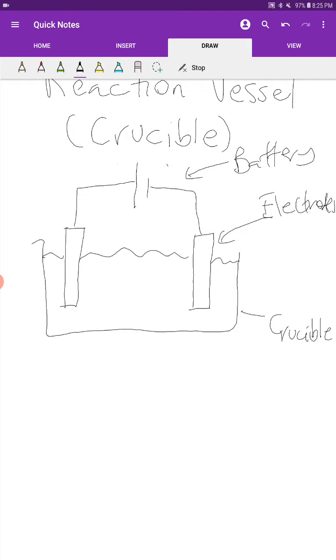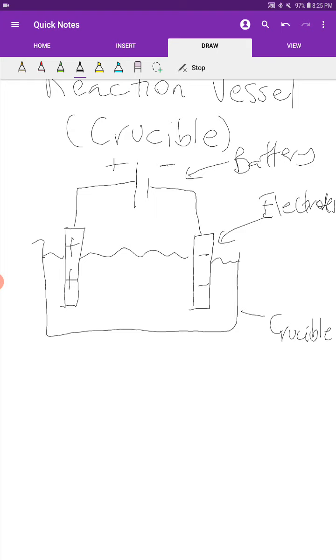So a couple things to appreciate. In your electrolytic cell, the electrode that is connected to the positive terminal of the battery becomes positively charged, and the electrode that's connected to the negative terminal of the battery is negatively charged. Okay?